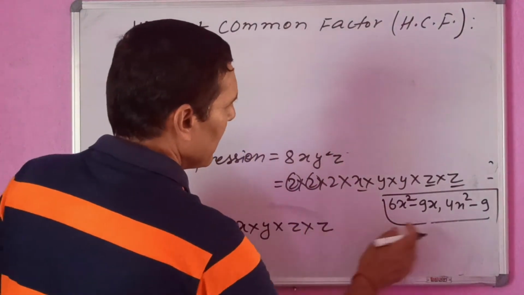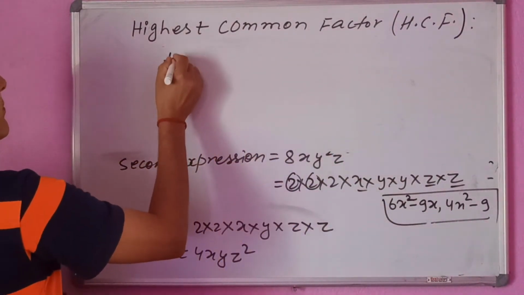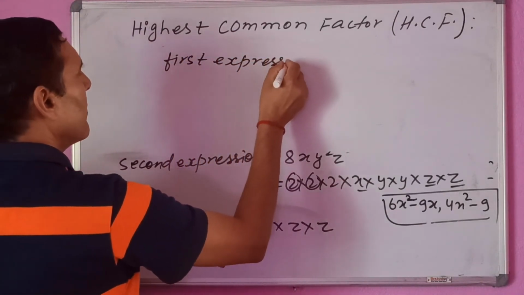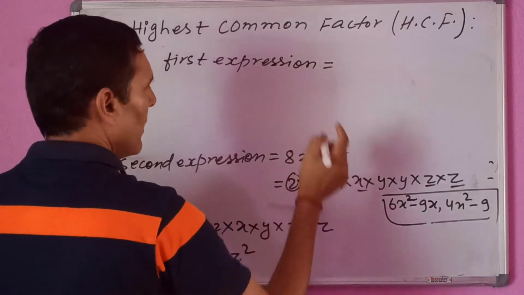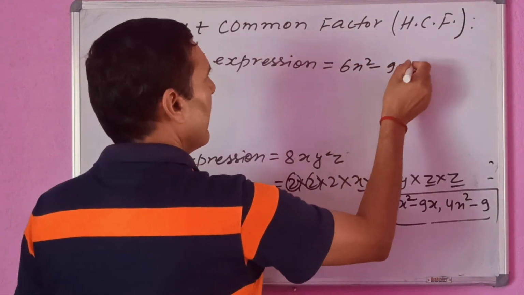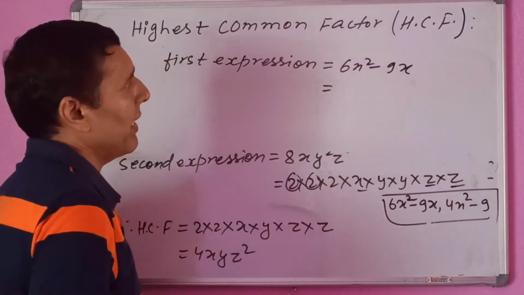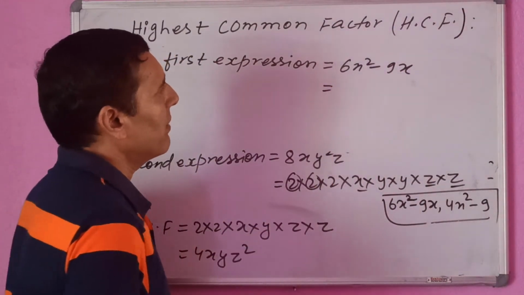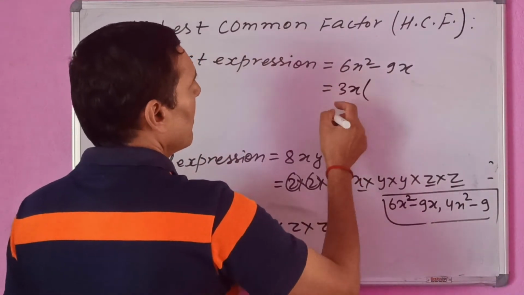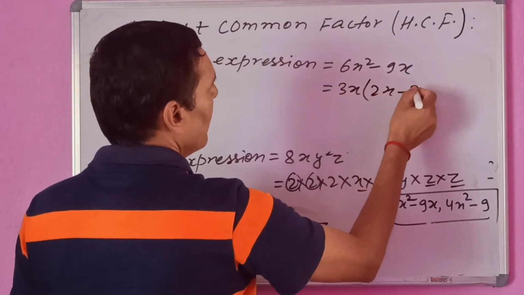So what is our first expression here? First expression is 6x square minus 9x. Here we can take common 3x. After taking 3x common, we will get 2x minus 3.